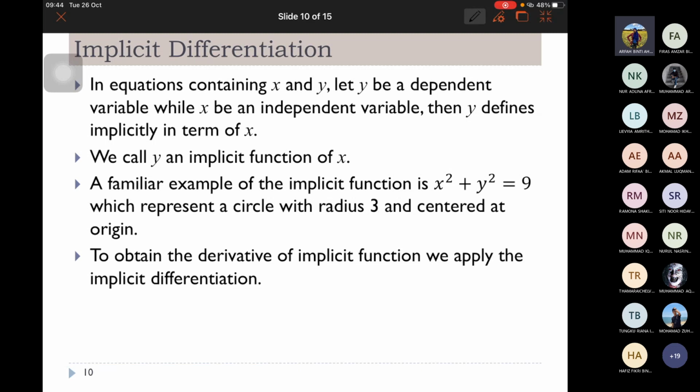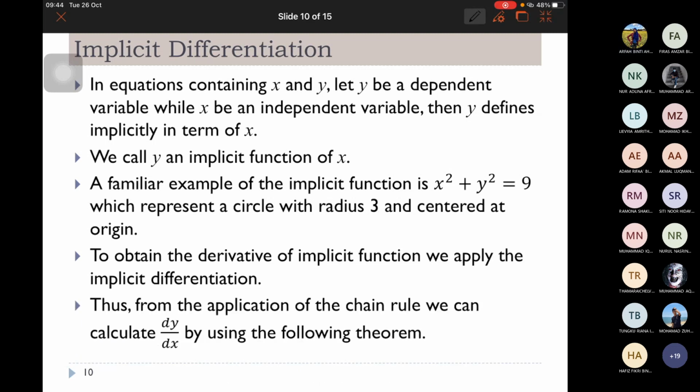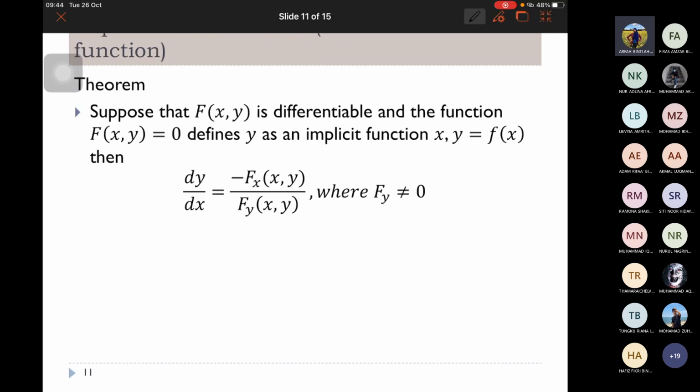So let's say, for example, from the application of the chain rule, we can calculate the derivative of dy over dx by using the following theorem. Okay. Suppose that we have f is a function of x, y and it is differentiable, and the function f(x,y) is equal to 0.